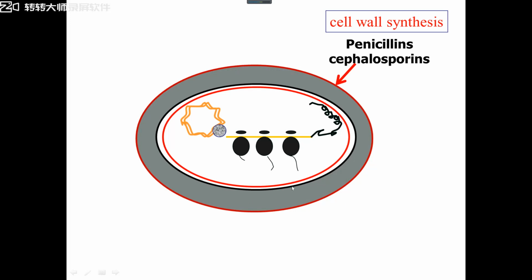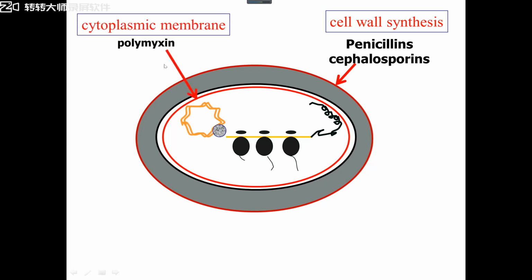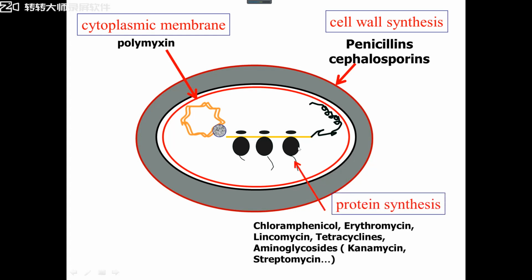The second layer is the cytoplasmic membrane. Some drugs, such as polymyxin, damage the cytoplasmic membrane. And the third mechanism: lots of drugs can inhibit bacterial protein synthesis, such as erythromycins, tetracyclines, and aminoglycosides.